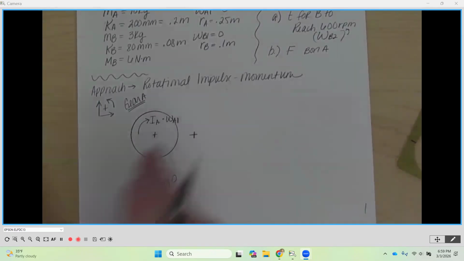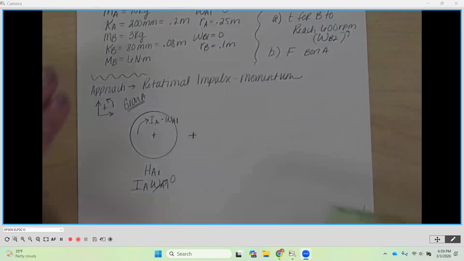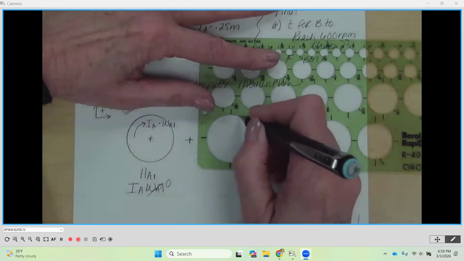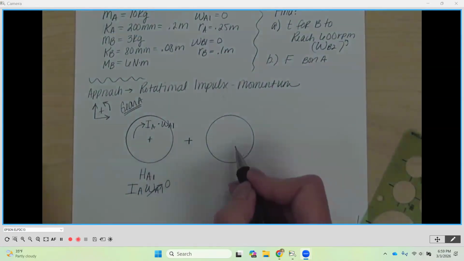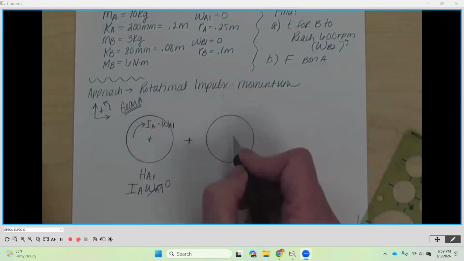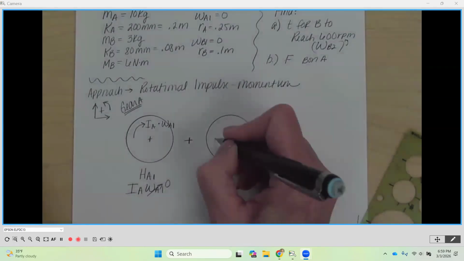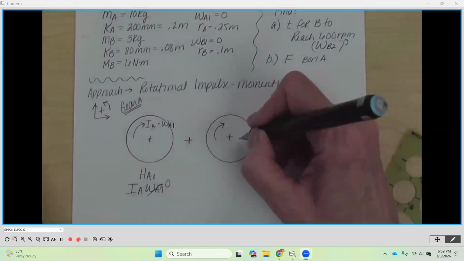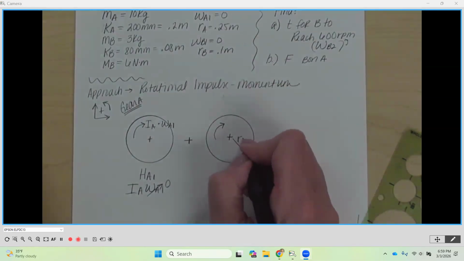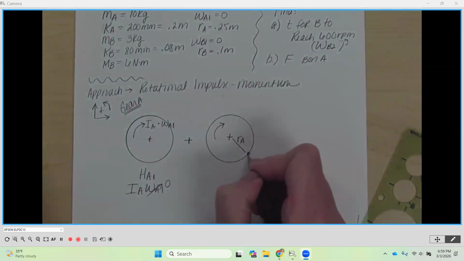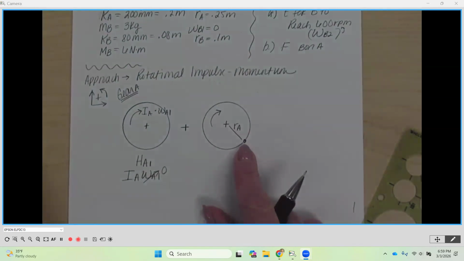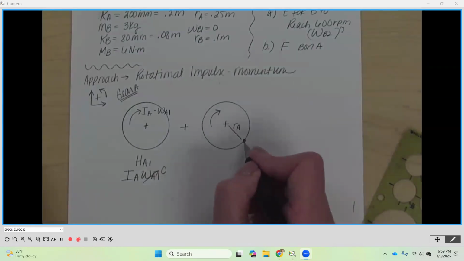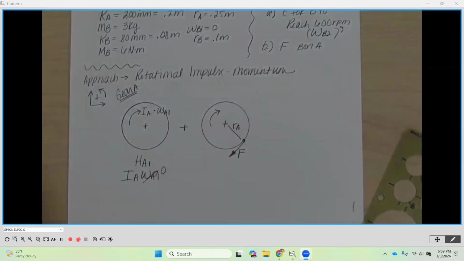Then we're going to do a plus, and we're going to do another circle. This is going to be our impulse. So here's the center, going in a clockwise direction. Our radius is radius at A, and right about here is the point of engagement with gear B. We would then have the force right here that is going to be generated.